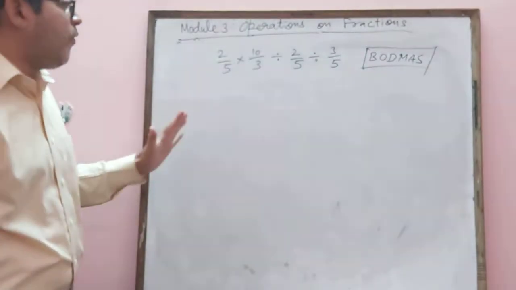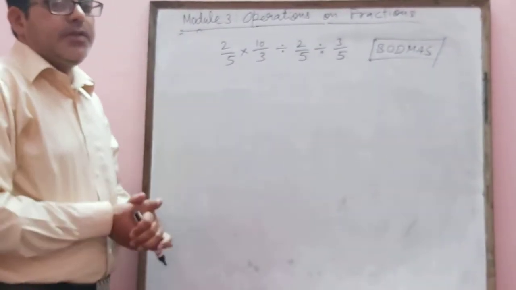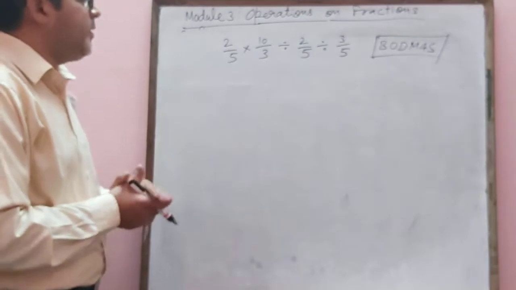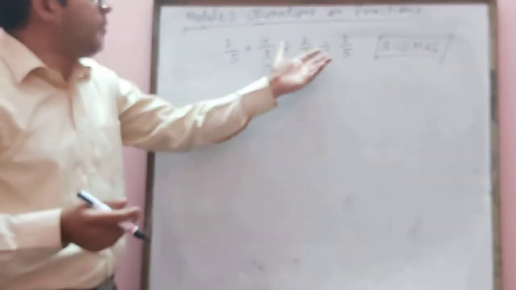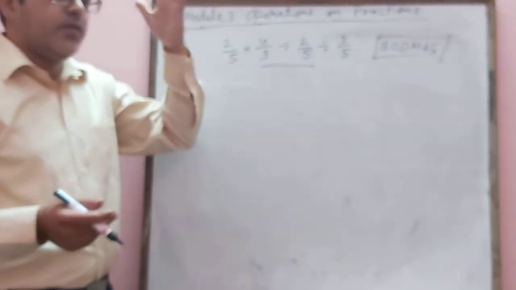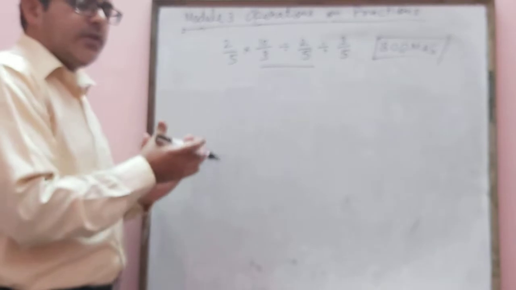Bracket of, not here, we should start with division. First we need to solve division. Now where we have division? Here we have. Two division operations are there, but whenever you get the first one, you should start from there only.